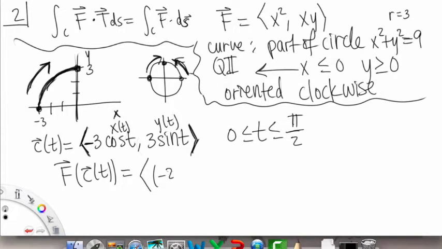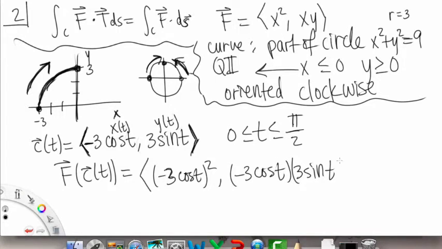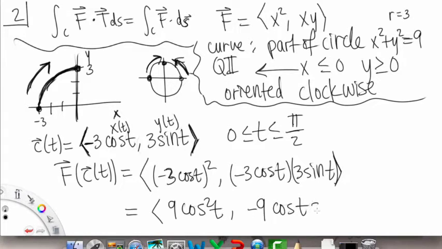So we're going to do negative 3 cosine t squared, comma, and then again negative 3 cosine t times y, which is 3 sine t, parenthesis, and then an arrow. Okay, and then simplifying here, we get 9 times cosine squared t, comma, negative 9 cosine t sine t.